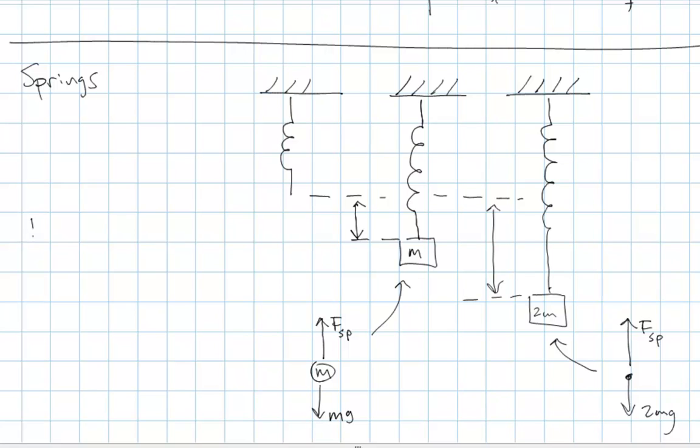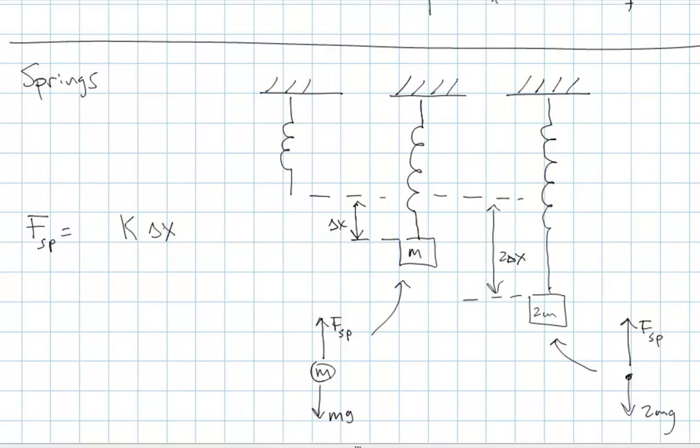The way it works is the force from the spring is proportional to the displacement. And the proportionality constant is the spring constant k. If k is a small number, the spring is very easy to stretch.